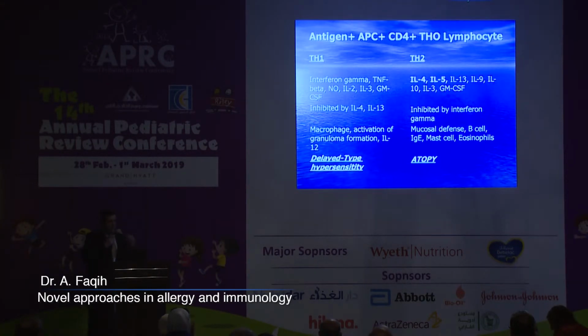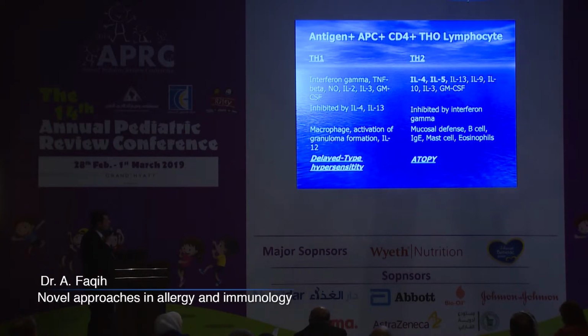We have two types of immune cells. We have the naive CD4 positive cells. When they combine with the antigen-presenting cells, we have two pathways. One pathway is called Th1 in short, and the other pathway is called Th2. Th2 is what we call atopy. Th1 directs the immune process towards delayed type hypersensitivity.